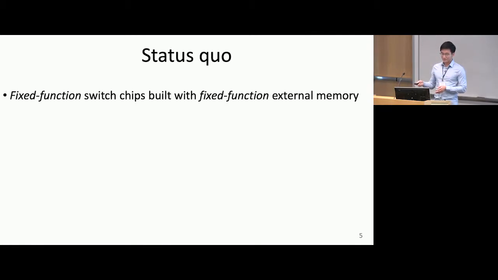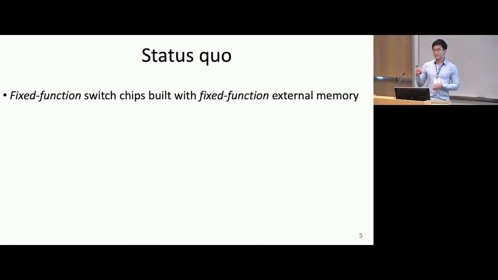So by now, I have probably convinced you that adding more memory is important for programmable data plane technologies. If you look at the spectrum of switching chips, it's not that we don't have any chip that can use external DRAM. In fact, some expensive fixed-function switching chips are designed to take advantage of external DRAM.